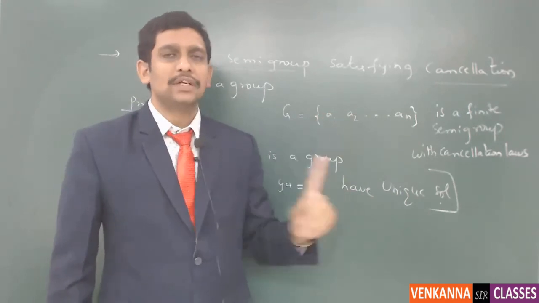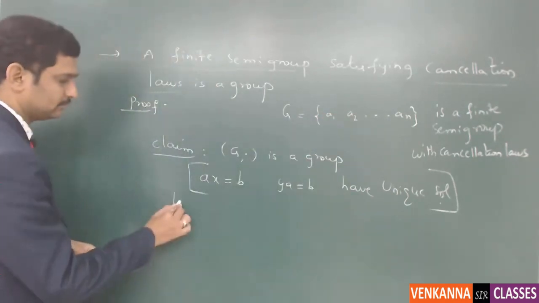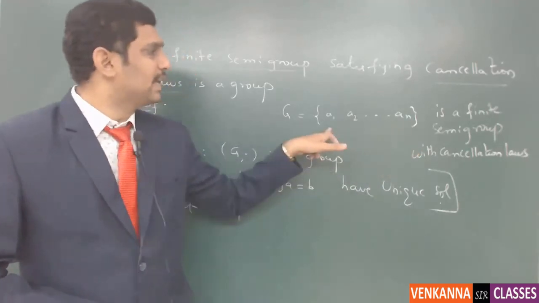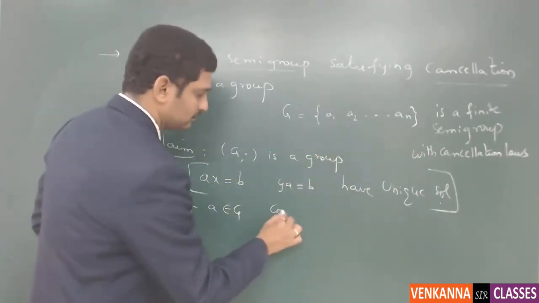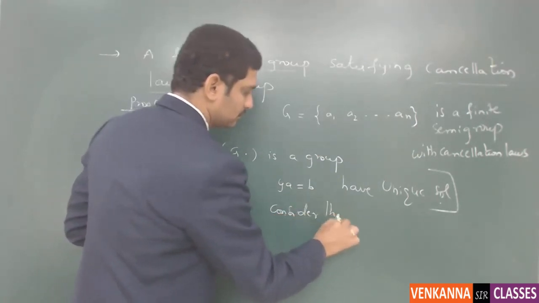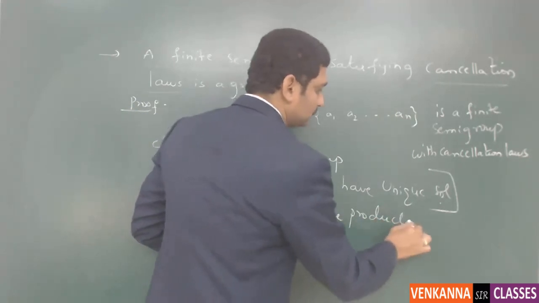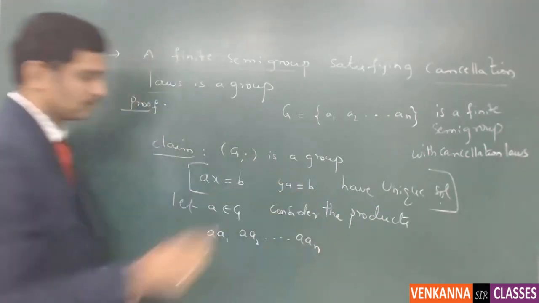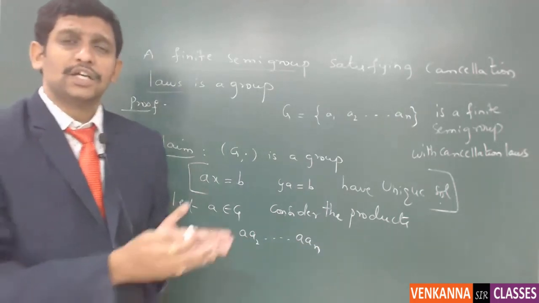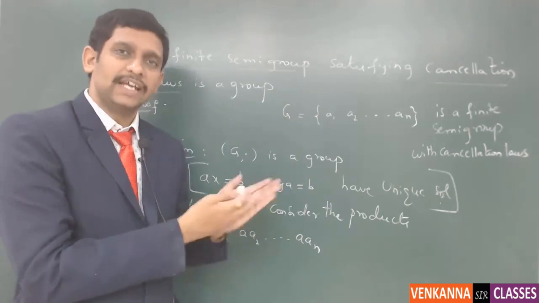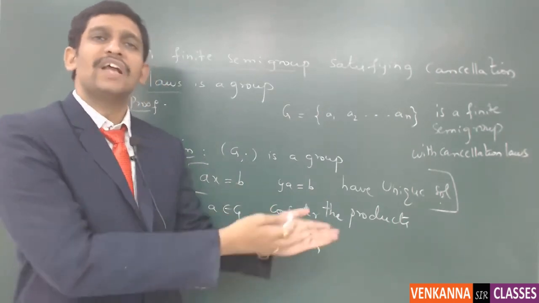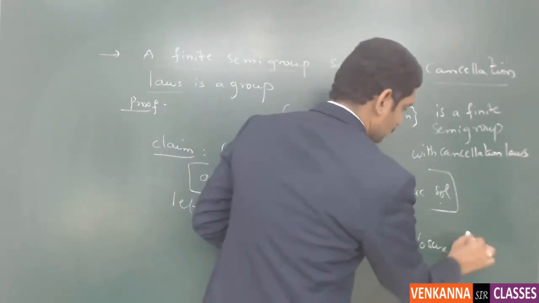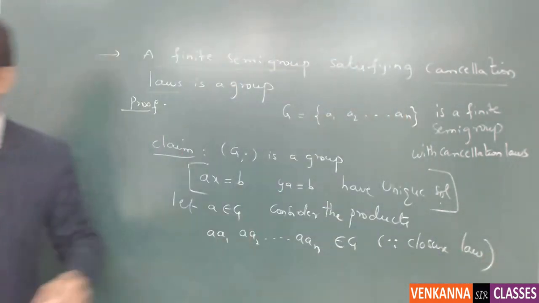Among all these elements, you pick up one value, say A. Now, let us multiply all these elements with A. Since you are taking the elements of G itself, by closure law, all the values belong to G. You accept or not?